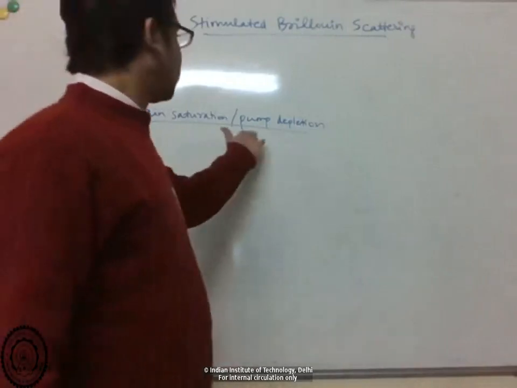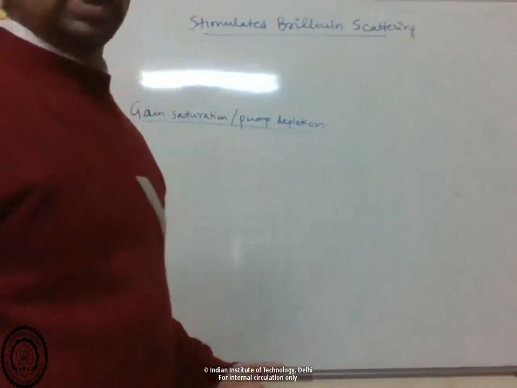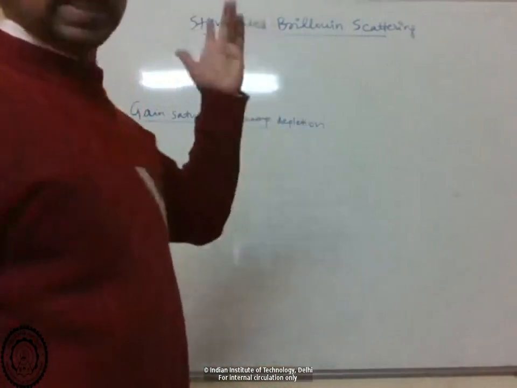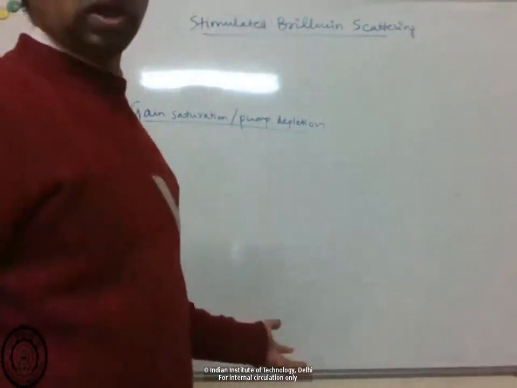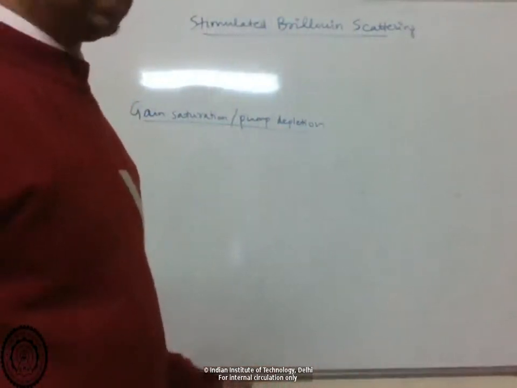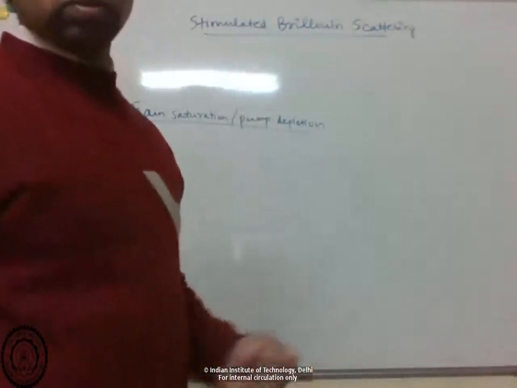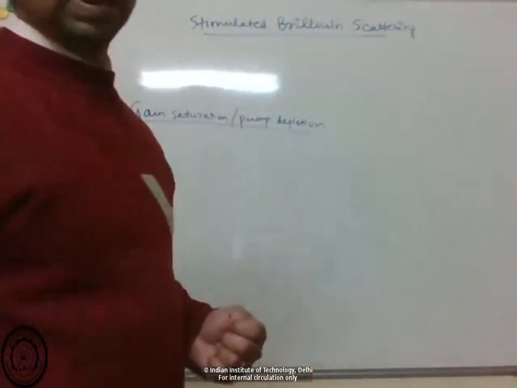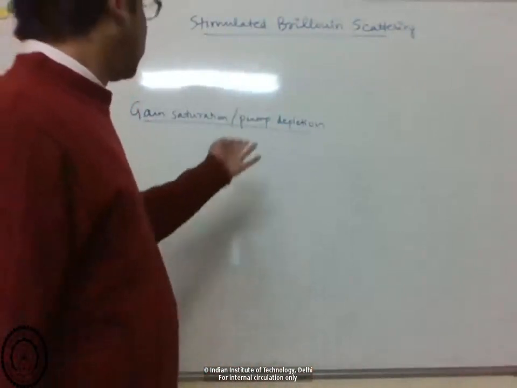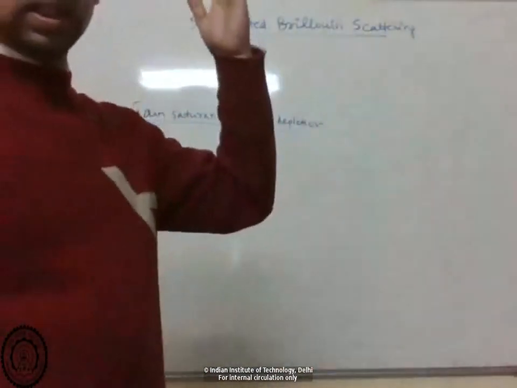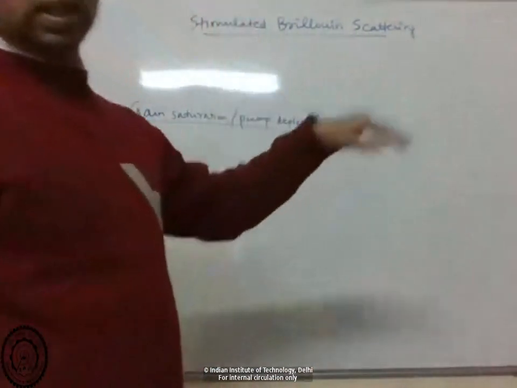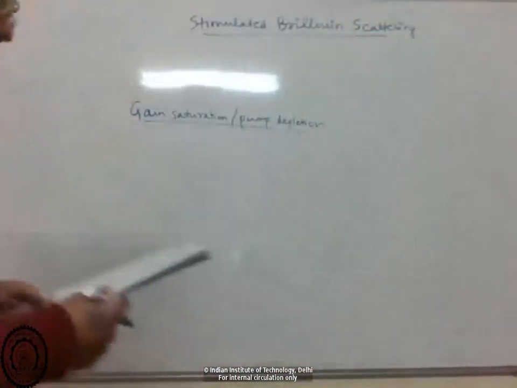So then we need to start considering the depletion of the pump. This exponential gain was in the pump undepleted limit. But once you start converting a lot, like more than 10%, then you need to start worrying about pump depletion, or equally, gain saturation. The gain won't keep increasing exponentially. Once the pump starts depleting, it will start saturating.